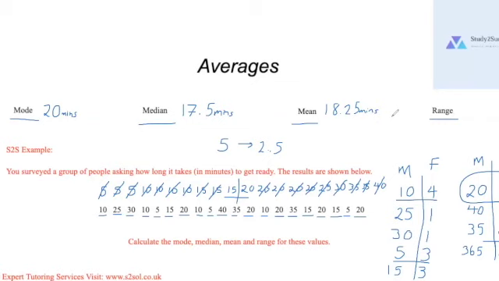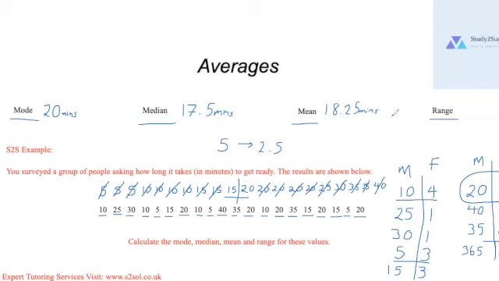Now, that was a lot to do. However, it is the most accurate, and we'll come on to that reason in just a little bit. The last average that we need to know how to do is the range. The range is perhaps more simple than the mean.